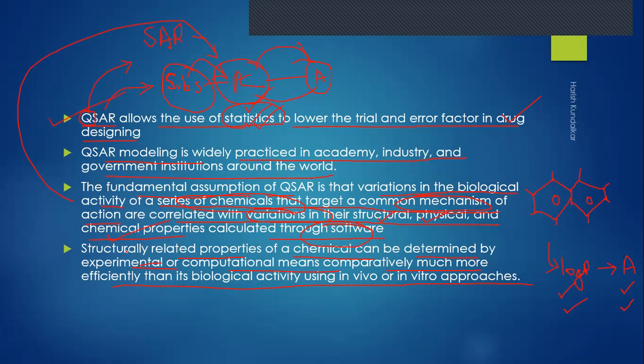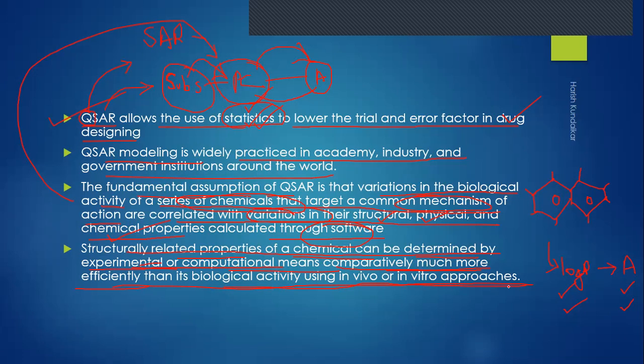Okay, so structurally related properties of a chemical can be determined experimentally or computationally, much more efficiently than the biological activity using in vivo or in vitro approaches. So what we are doing here is we are taking a physicochemical property, we are taking the activity that is known from maybe in vivo or in situ or in vitro methods, and then we are applying statistics to it using software.